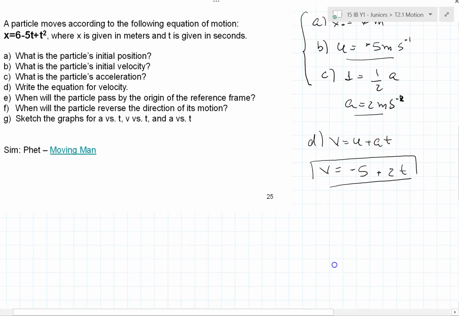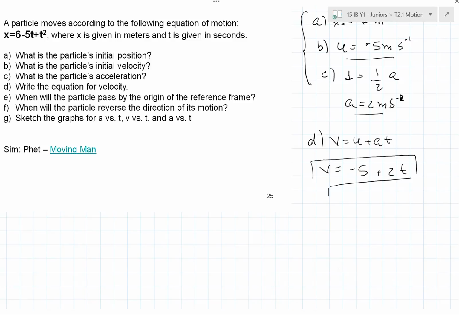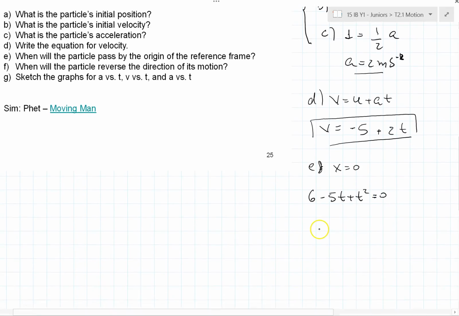Then part E is when will the particle pass by the origin of the reference frame? Well, the origin of the reference frame is the coordinate equals to 0, x equals to 0. So the only thing you need to do is just get your position equation, 6 minus 5t plus t squared, set this to 0, and then you just solve the quadratic equation, which in this case here would be t1 is 2 seconds.